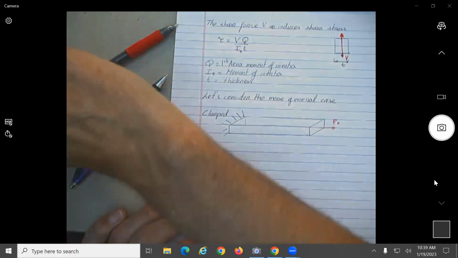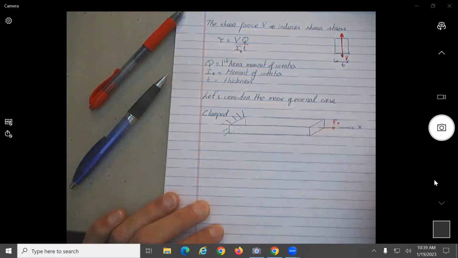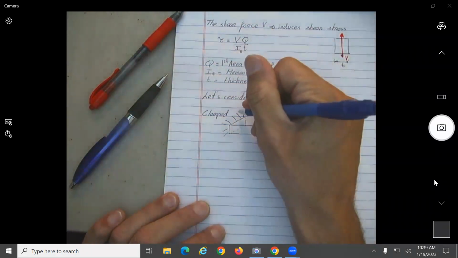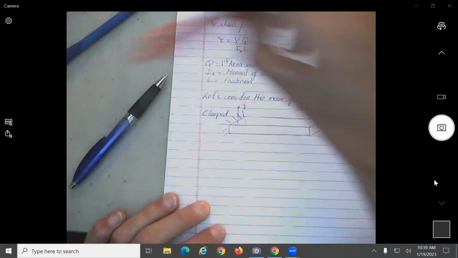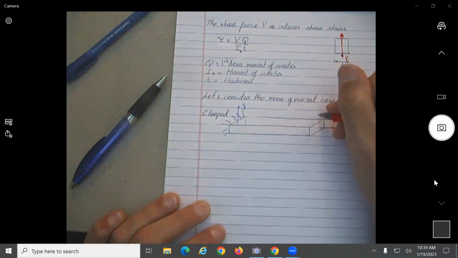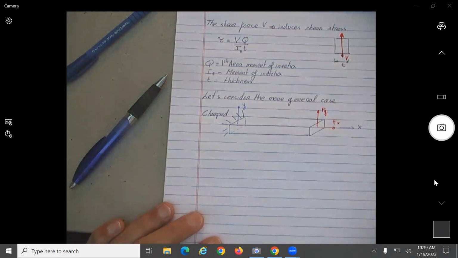So let's say it would be the x-axis. I think that's what we used before. Yeah, x-axis. This could be now the y-axis. So I'm going to put here also a force in the y direction.